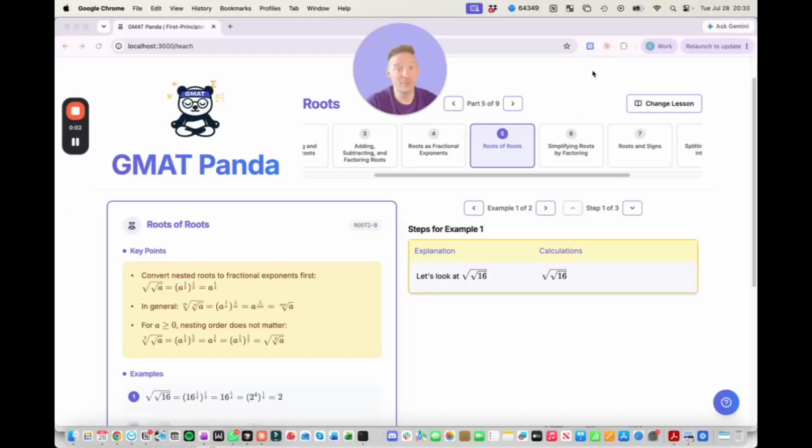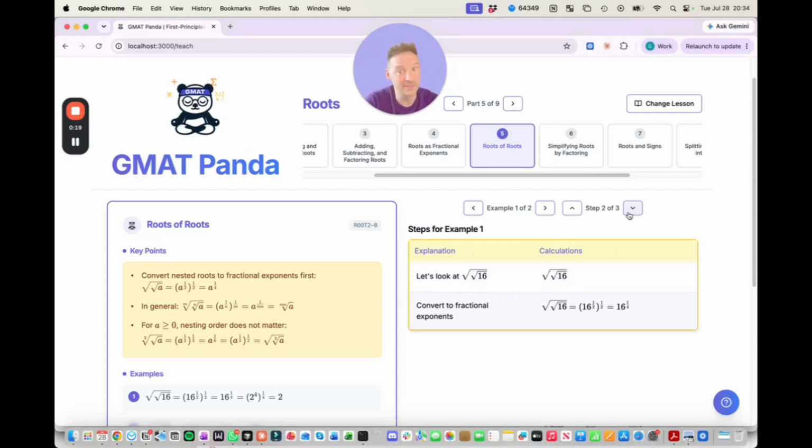Now let's see what happens when we want to calculate the roots of other roots. And to illustrate that, let's start with 16. So let's say we want to square root 16 and then square root that again. Well, one way of doing that is to first turn the square roots into fractional exponents.